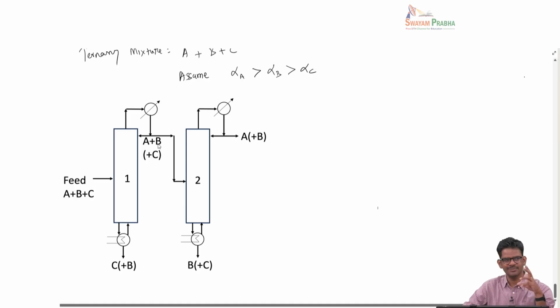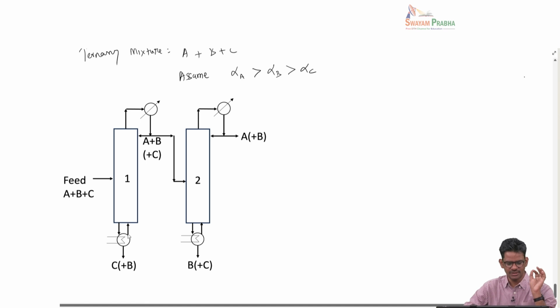The temperature and pressure can be adjusted in column 1 such that the distillate of the first column is rich in A and B and very lean in component C, whereas the residue will be much richer in component C, but it may have a tiny amount of component B and an even tinier amount of A. As you know, in distillation we can't get 100% pure components, but we can only minimize the impurities.